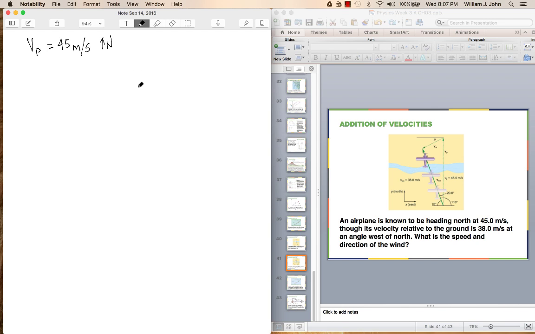And at the same time, the actual ground velocity is shown at 38 meters per second. And this 38 meters per second is at an angle of 20 degrees west of north.